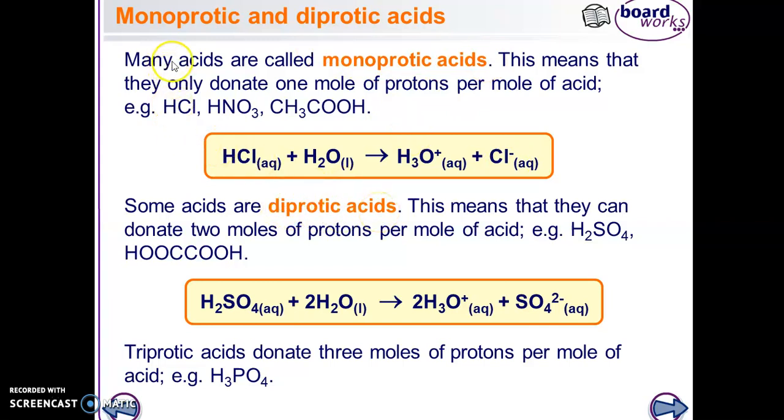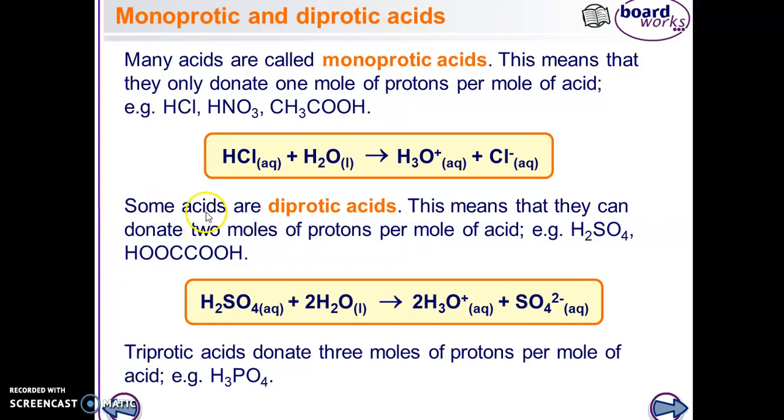When any acid on dissolving in water is able to produce only one proton, then it will be called a monoprotic acid. For example, hydrochloric acid, nitric acid and ethanoic acid are all monoprotic acids, meaning on dissolving in water these acids are going to produce only one proton because they contain only one proton in their molecule.